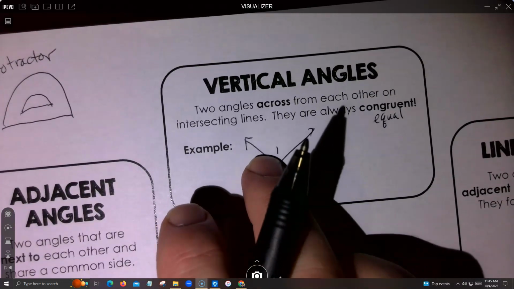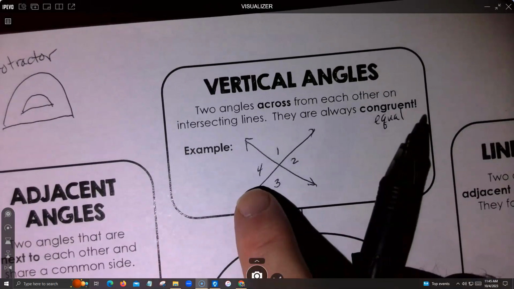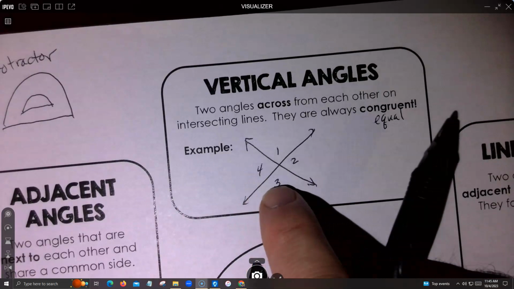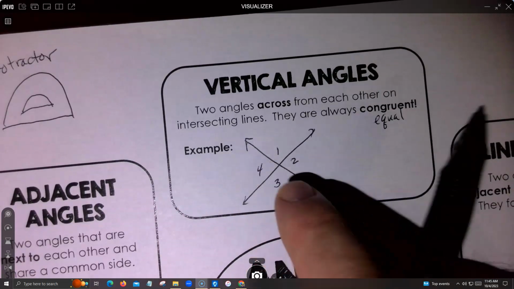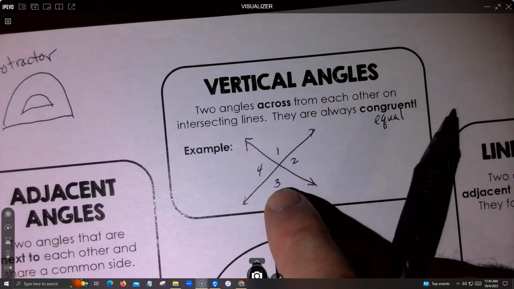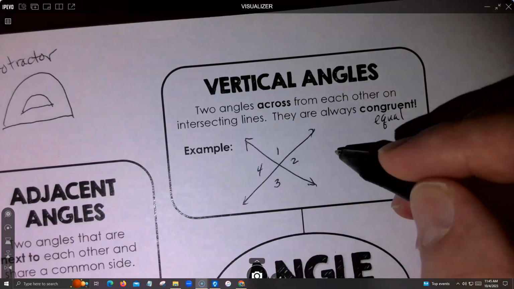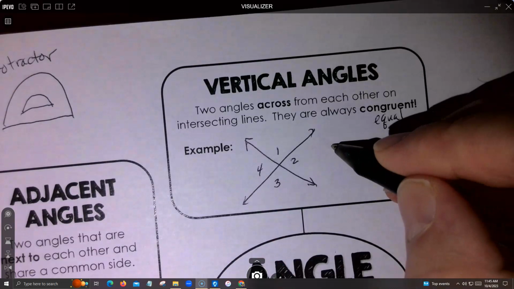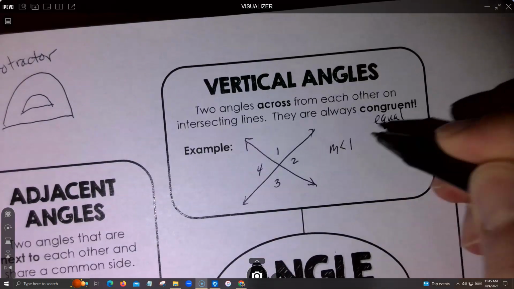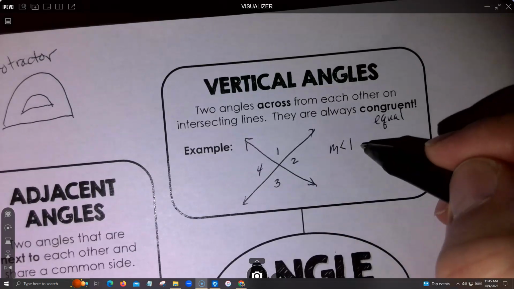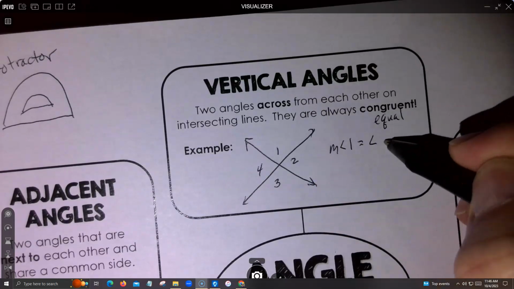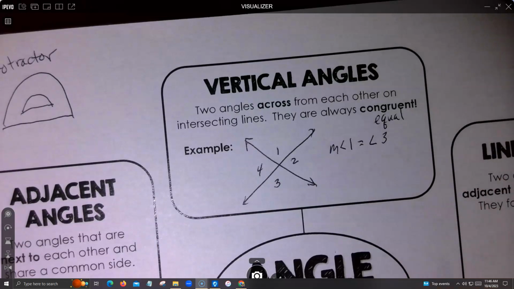If you were to lay a protractor down on this straight line and measure angle 1, and then measure these other guys, you'll find that angle 1 and angle 3 are the same size. Remember we use a little m to mean measure, that means degrees. The measure of angle 1 equals the measure of angle 3.